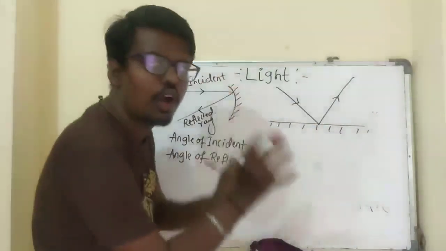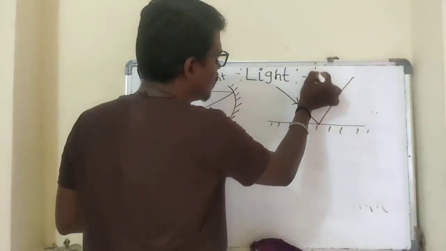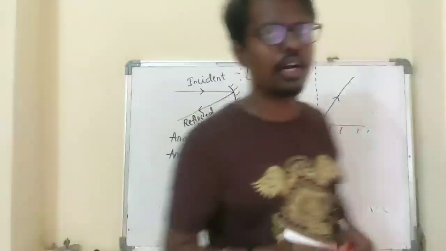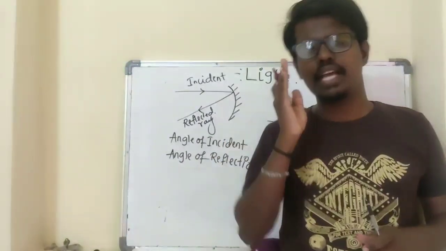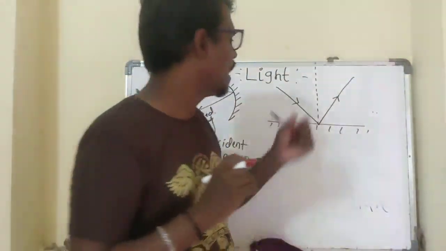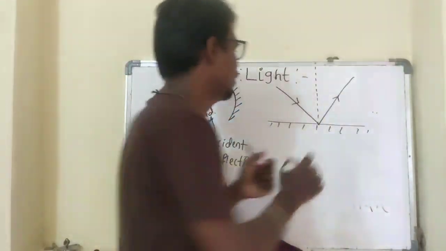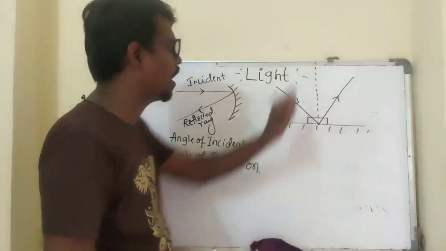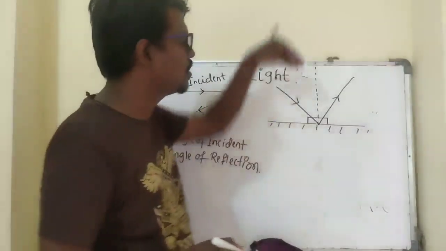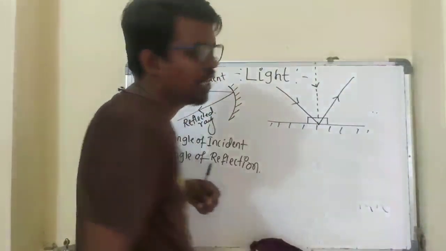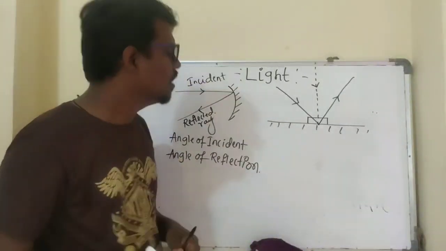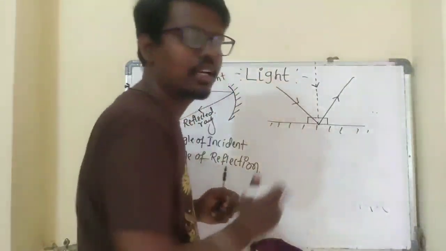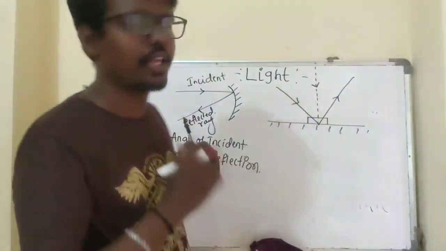Now I will draw a normal to the surface of the mirror. The normal is a line that makes an angle of 90 degrees with the base. Only then will the line be called the normal line. This is the normal drawn, this is the incident ray, and this is the reflected ray.